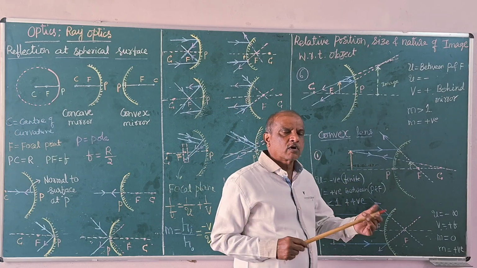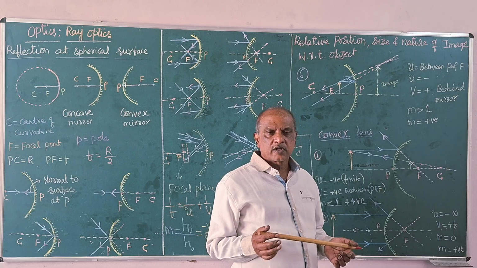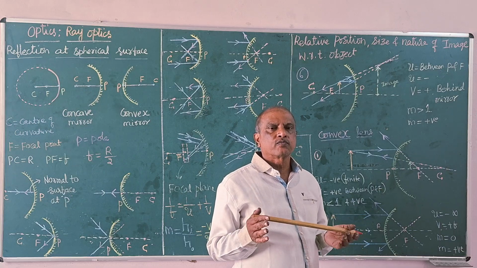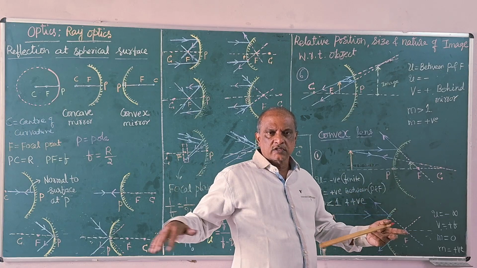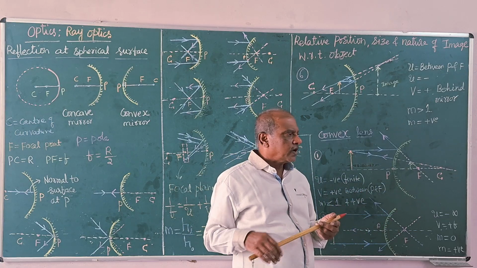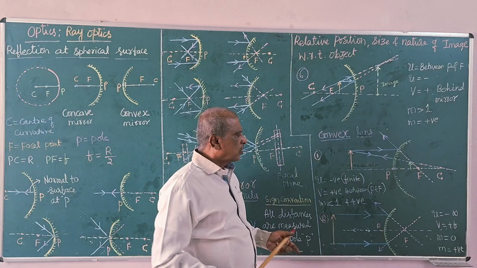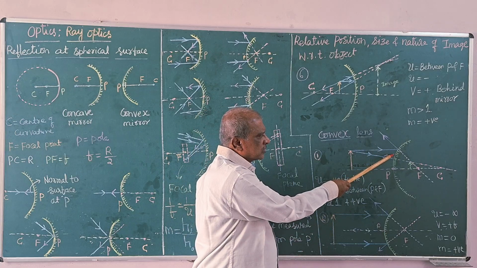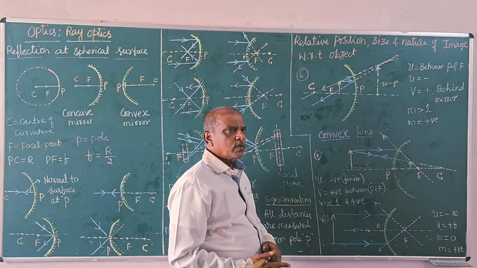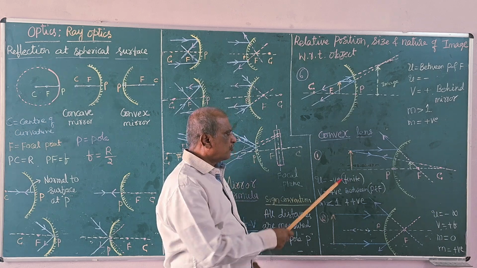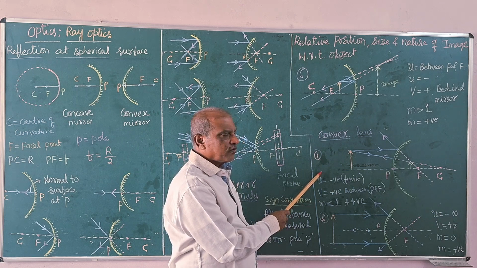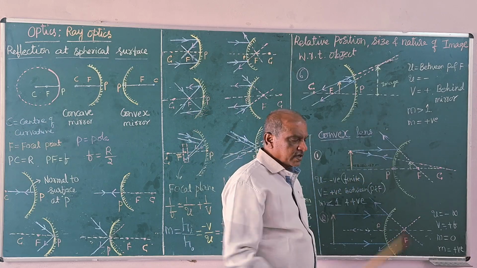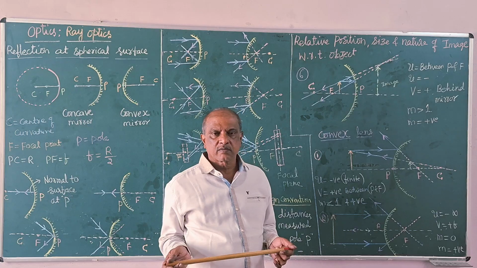What is a panoramic view? It is just like a bird's eye view, just like a bird which can view the entire large area from its eye. Only this mirror can give a panoramic view of the field, a wider field of view. That is the basics of the convex mirror.